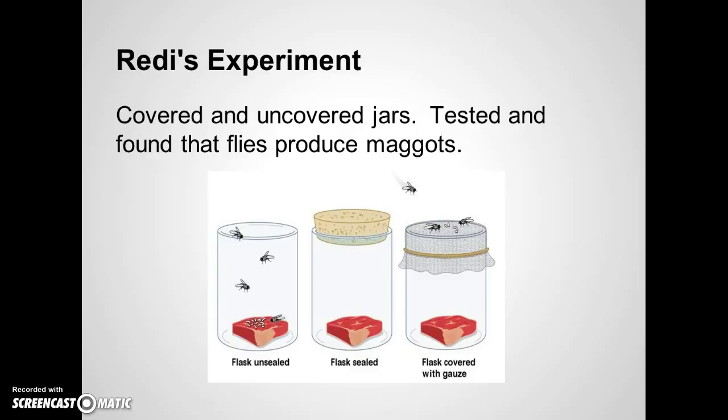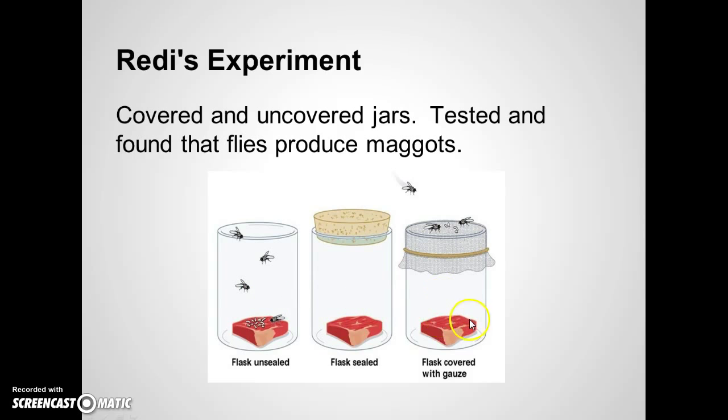He took flasks, left one open to the air, sealed one completely, and put mesh over the third and left it there. Over time, he noticed that there were flies on the inside of the jar that was open to the air and on the outside. But the one that was sealed, the one in the middle, he didn't notice any flies around at all. And in the mesh one, the flies were only on the outside and not on the inside.